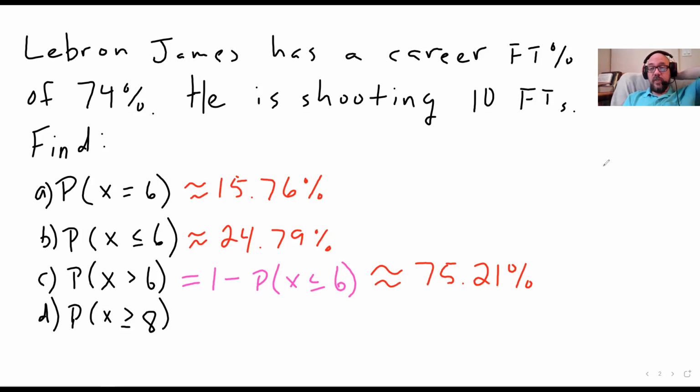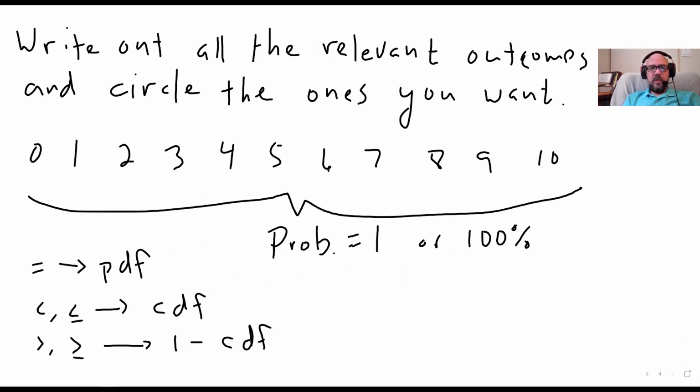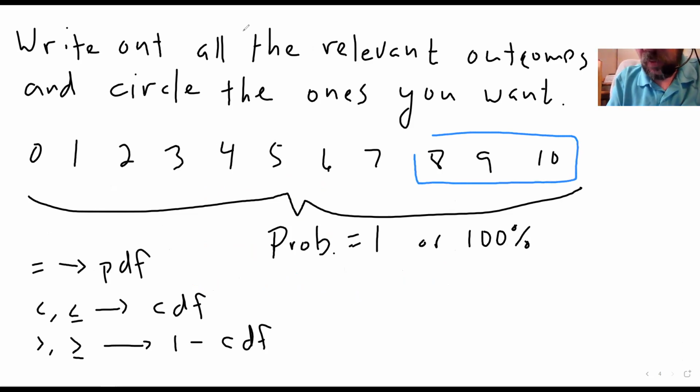All right, so now let's do this without just being able to look at the previous answer and see what we get. So here I want to do probability that x is greater than or equal to 8. And here is where this advice comes in really handy. If I want to know the probability that x is greater than or equal to 8, I am going to box the ones that I want to count, right? I want 8, 9, or 10, because that's where x is greater than or equal to 8.